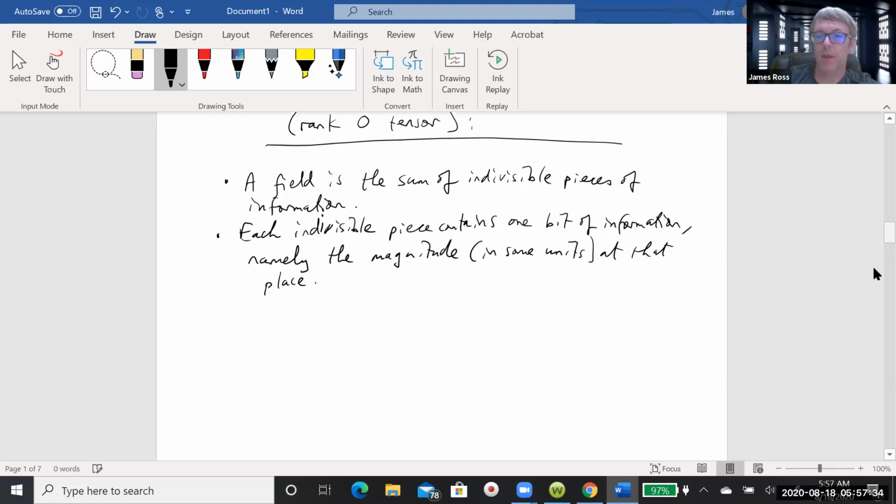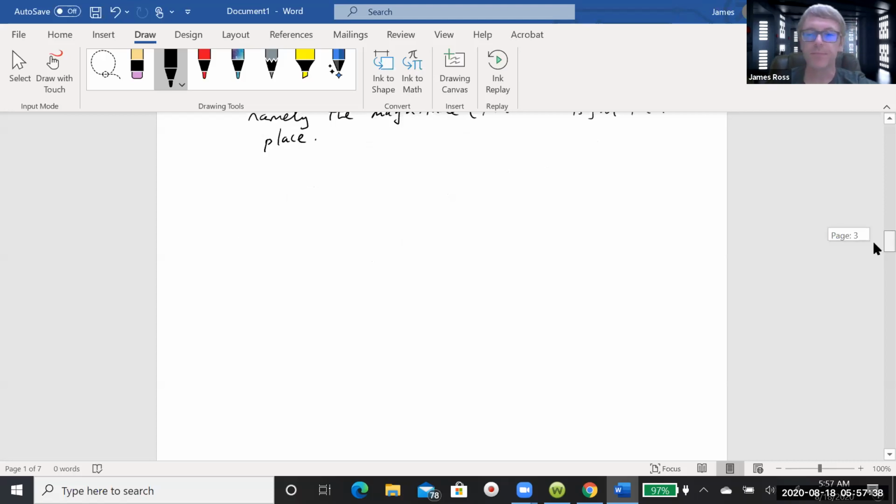So I'm going to draw an example of what I mean by this field. I'm going to draw a 4x4 grid.